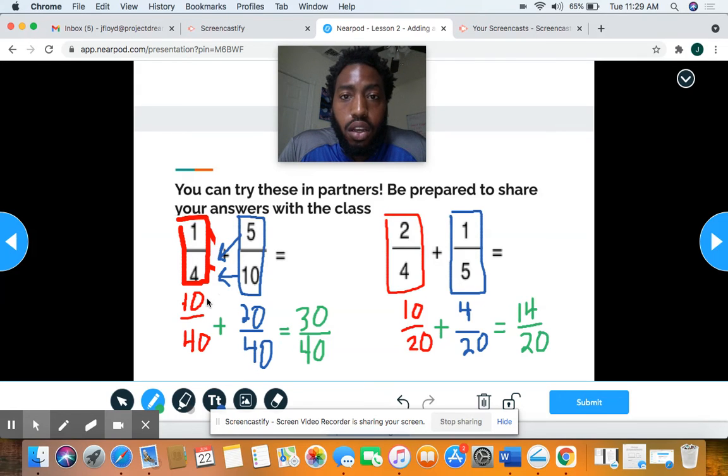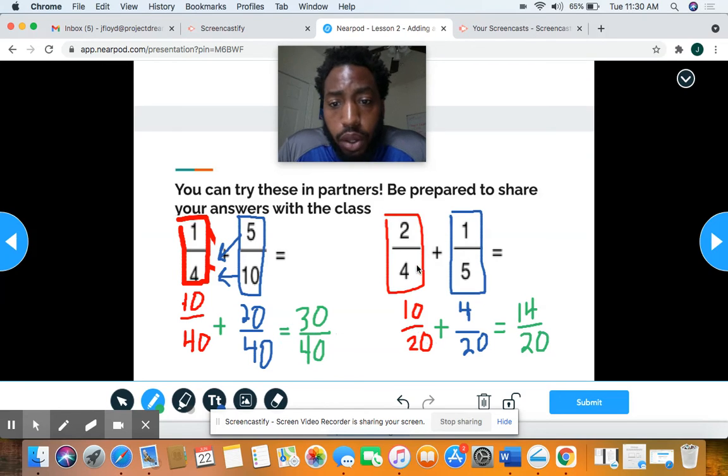We then drop down our addition symbol, and we're going to make sure we follow our common denominator strategy. We want the denominators to all be the same. I see that all my denominators are the same. And then we want to make sure that we add our numerators. So we do 10 plus 20, and that's going to be 30.